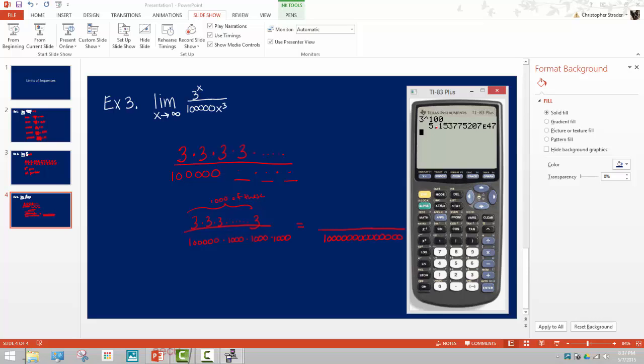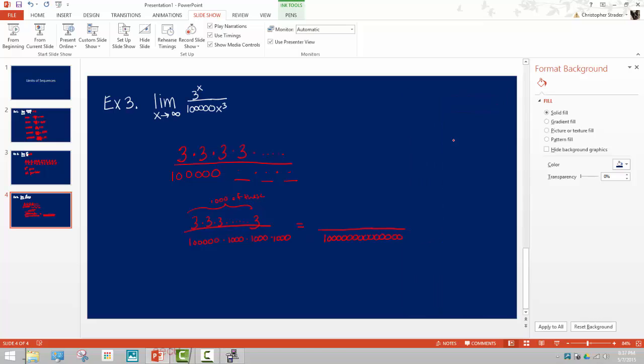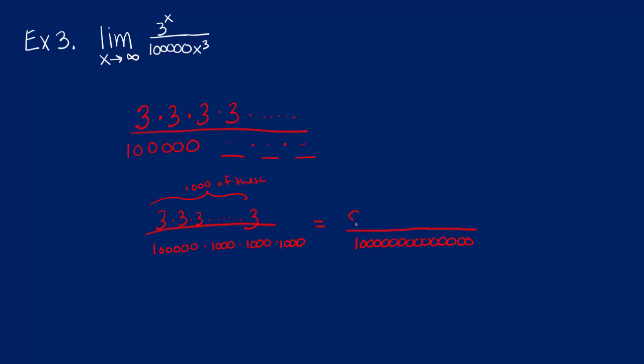That's convincing me that this number is so huge compared to this one. Look, this is 5 times 10 to the 47th, and that's only when this number was 100. It really should be 1,000 to compare to this number, right? So what is this? It's so large, the calculator doesn't know, right?